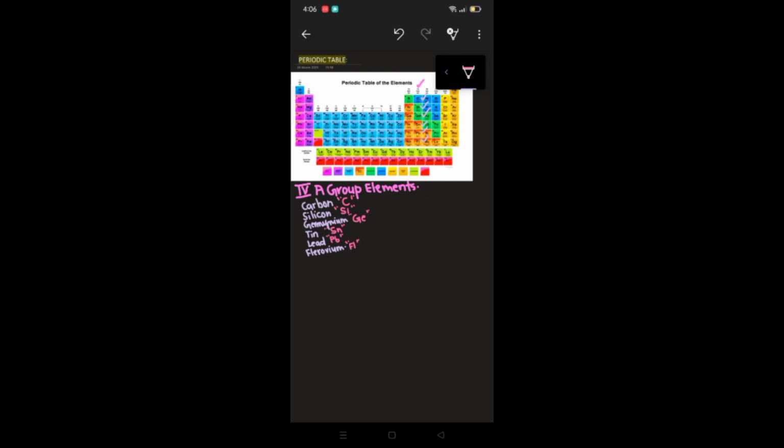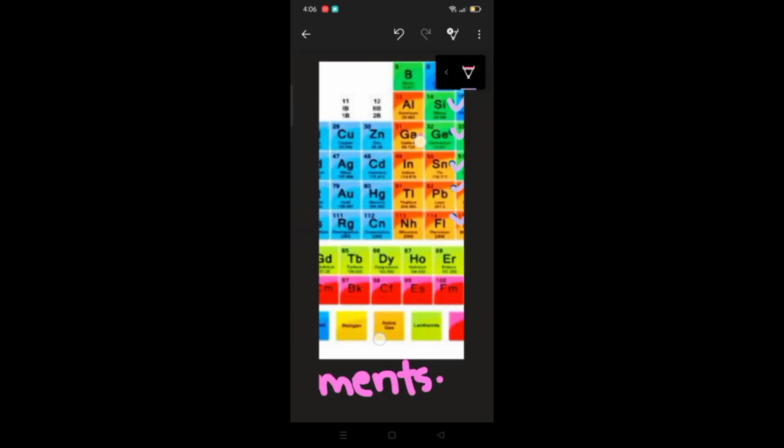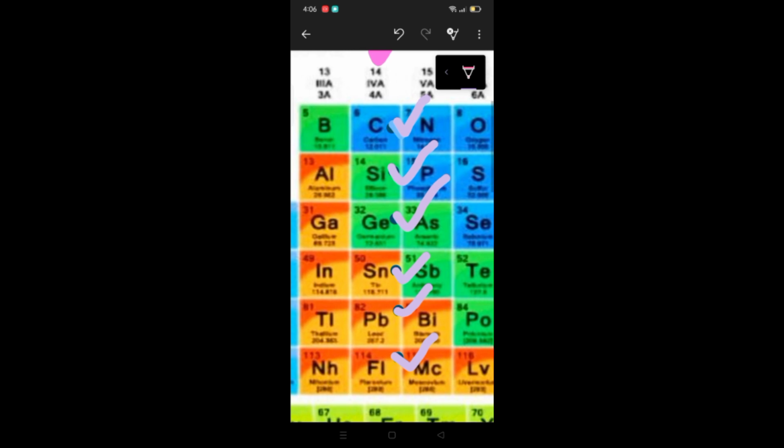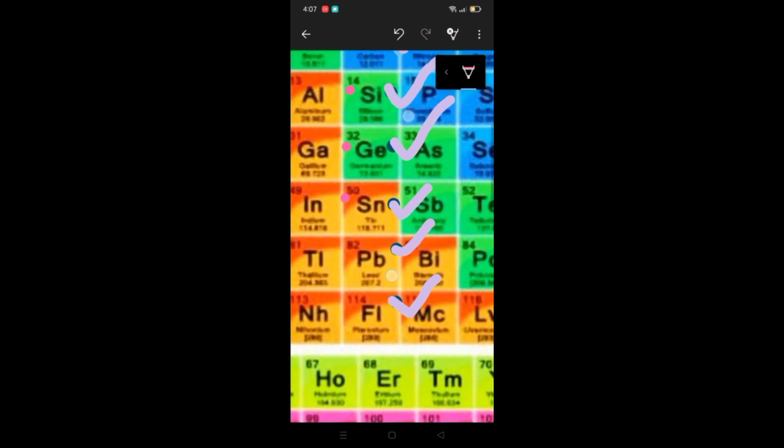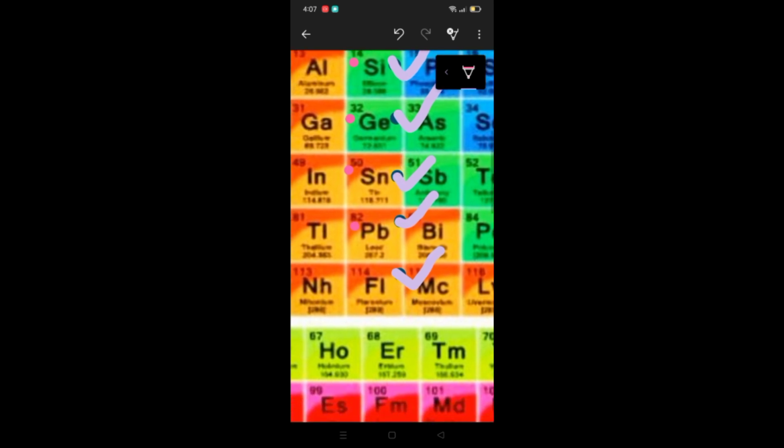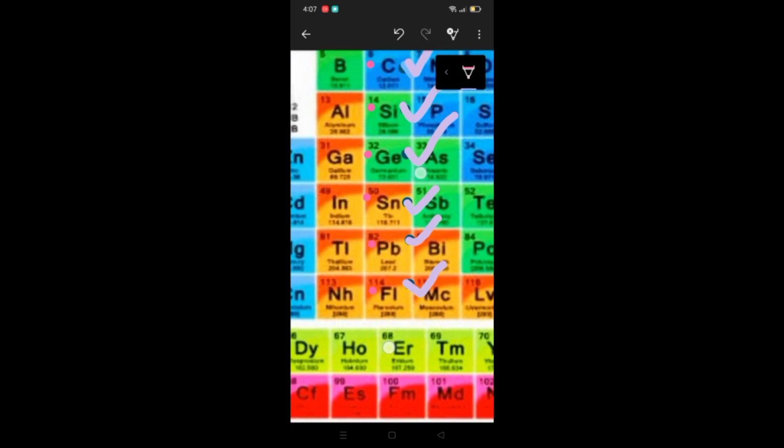Now we should look at their atomic numbers as well. What are their atomic numbers actually? Carbon has atomic number 6, silicon has 14, germanium has 32, tin has 50, lead has 82, and flerovium has 114.